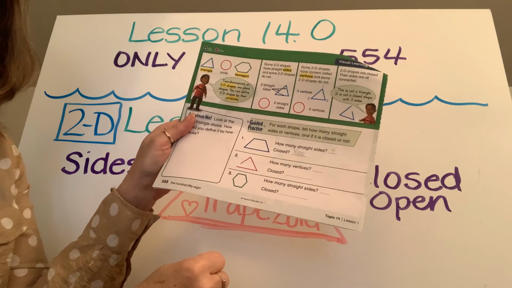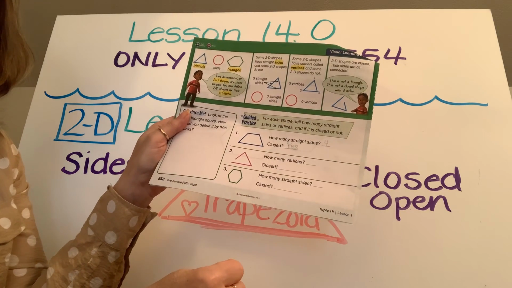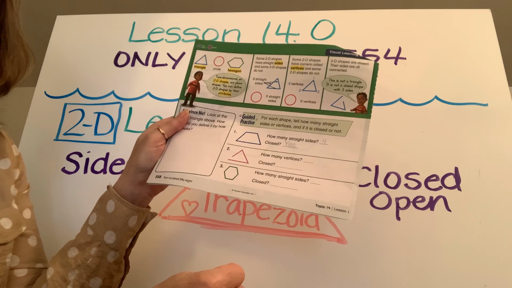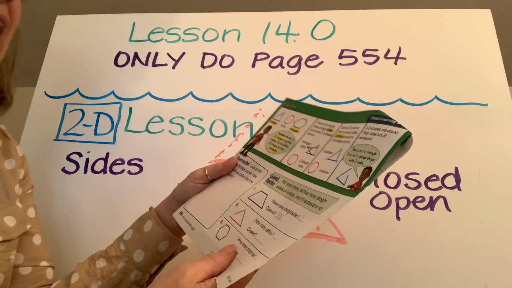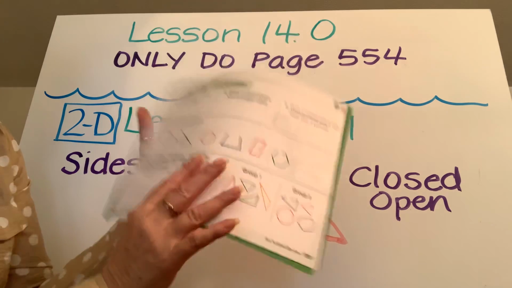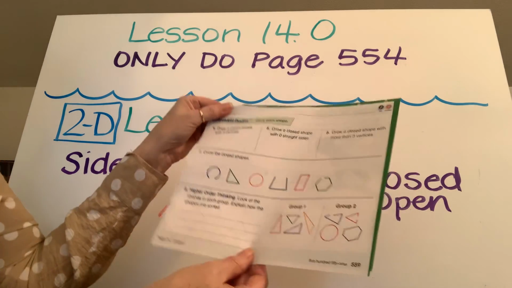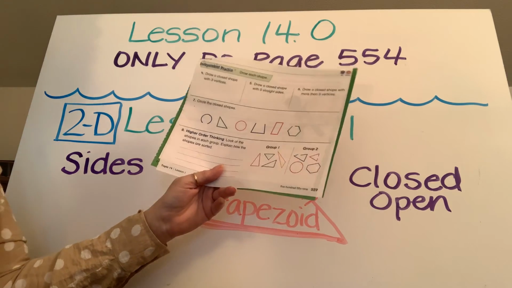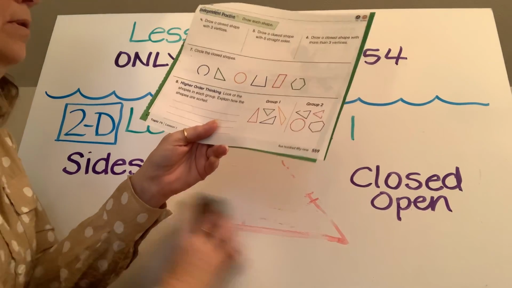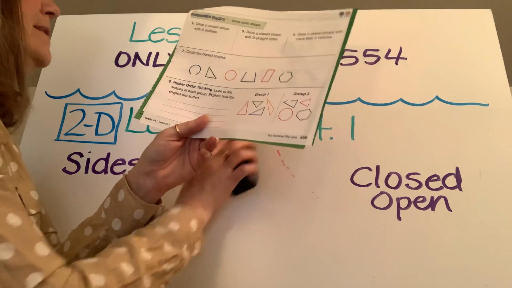Number 3, it's a 6-sided object. Good job. Hexagon. All right, number 4. Let's turn the page. Draw a closed shape with 3 vertices.